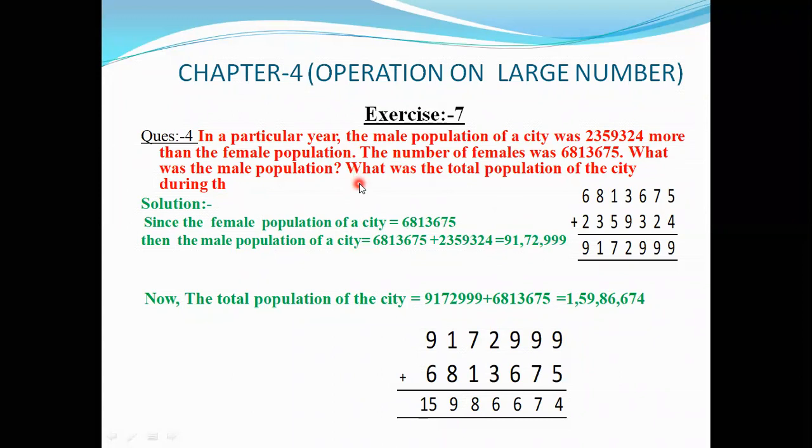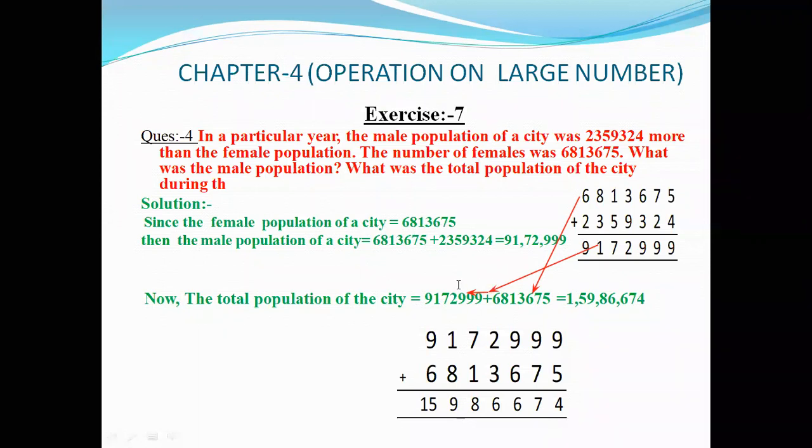Now another question. What was the total population of the city during the year? The total population of the city is equal to this plus this, equal to this. We add the male population, here is the male population. Here is the female population.